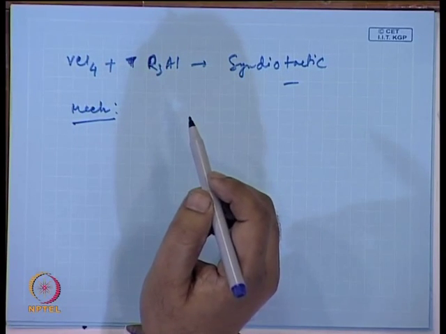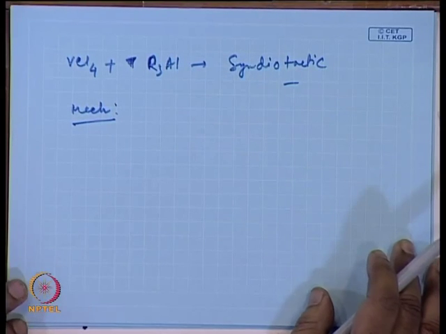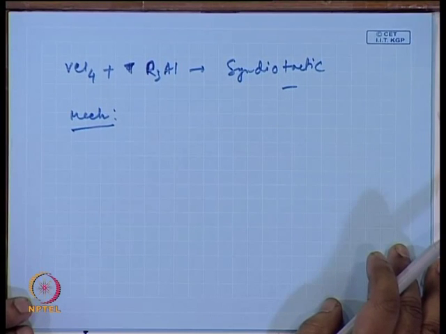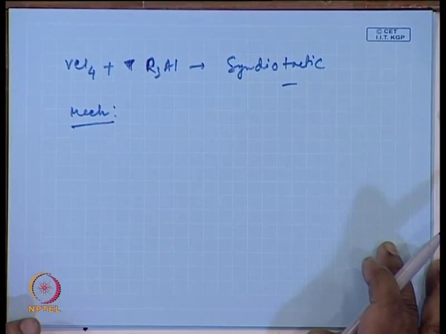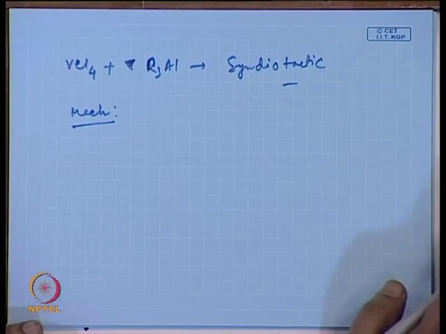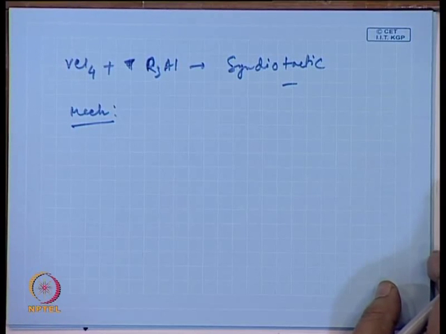Now, what is the mechanism by which these polymerizations happen and stereoregularity is maintained?